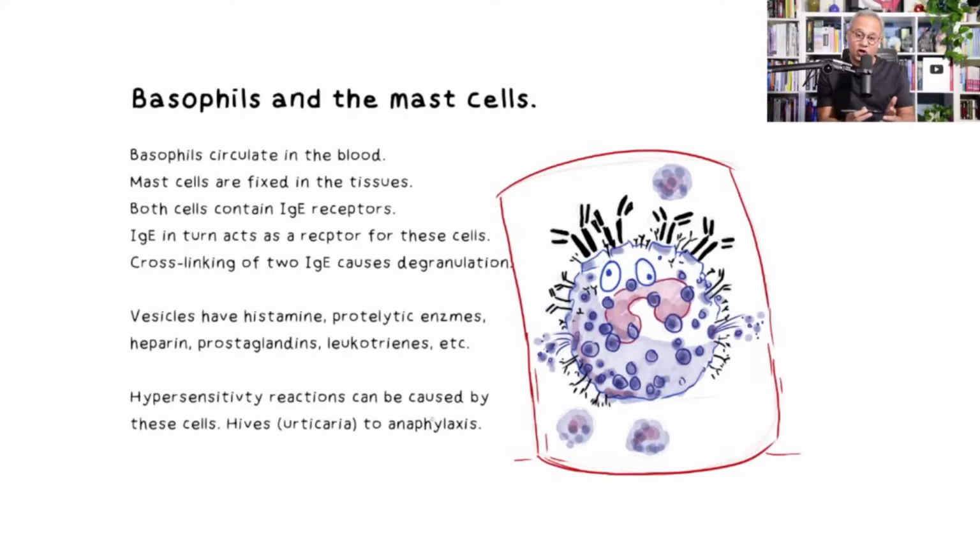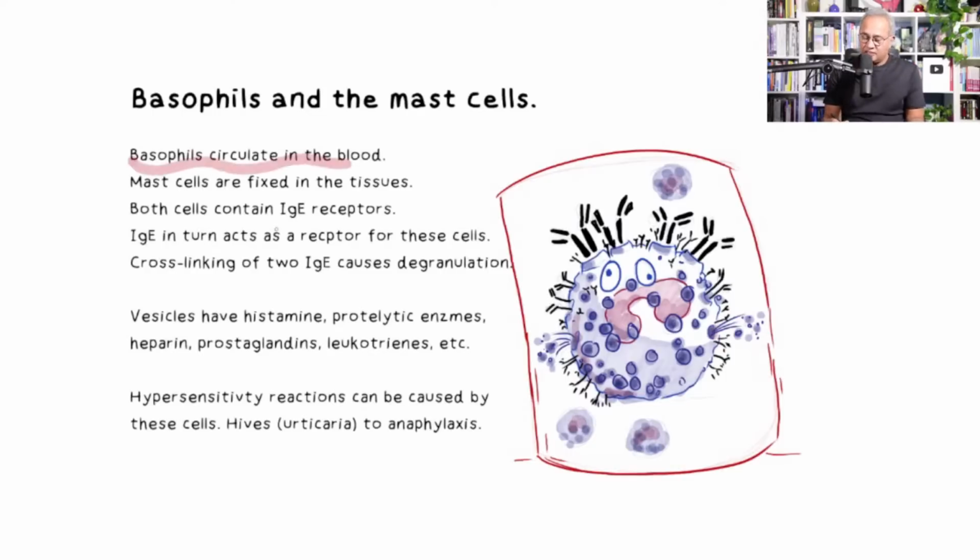They can cause hypersensitivity reactions, the simplest of which is the urticaria or hives, and the severe form is anaphylactic shock, even killing a person. So beautiful cells, but really, really problematic as well.